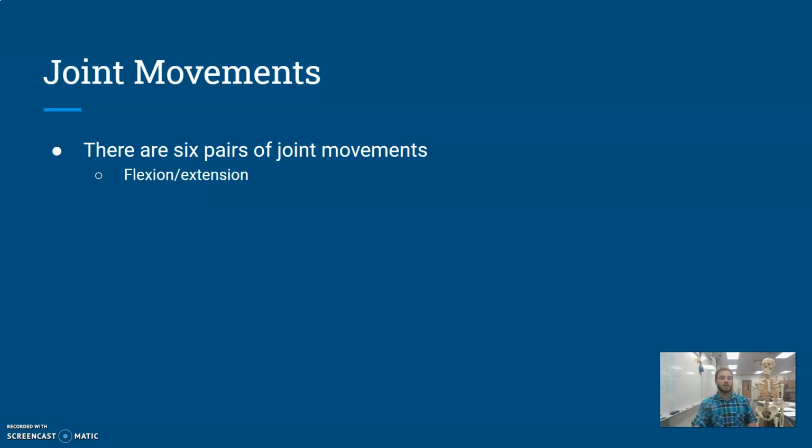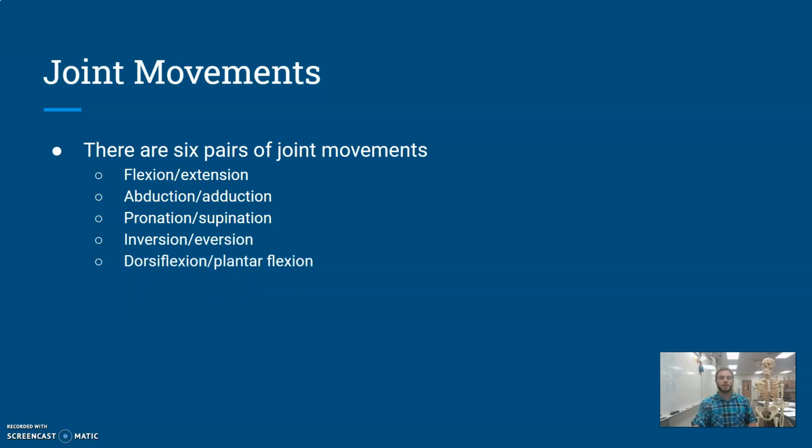They are flexion and extension, abduction and adduction. You'll hear me call them abduction and adduction. Pronation and supination, which you've heard me mention a few times in previous videos. Inversion and eversion. Dorsiflexion and plantar flexion.